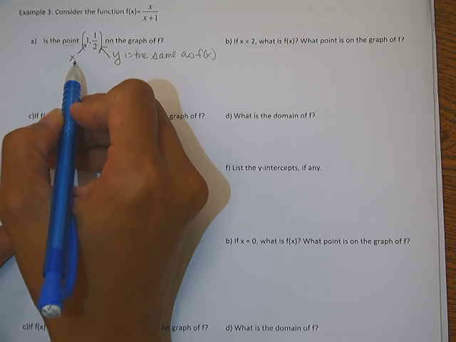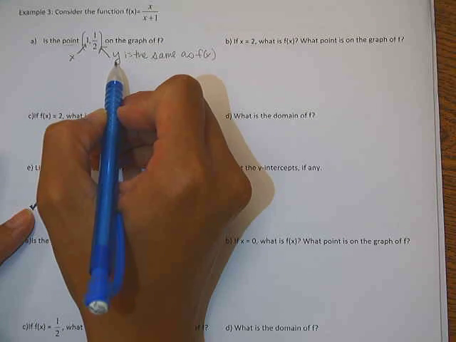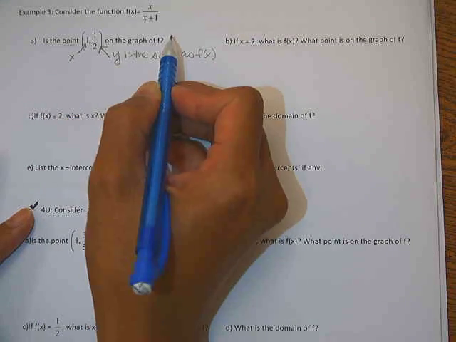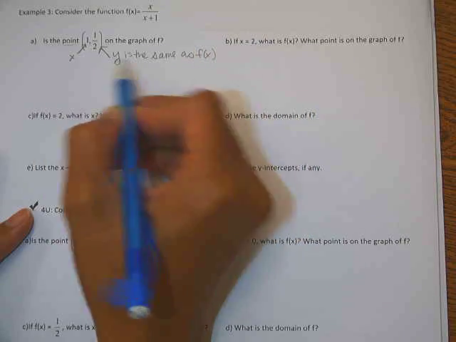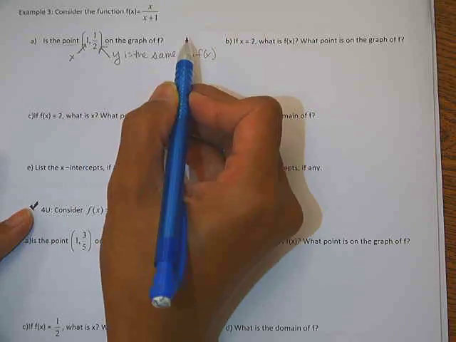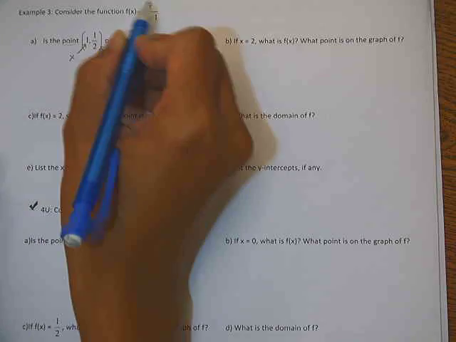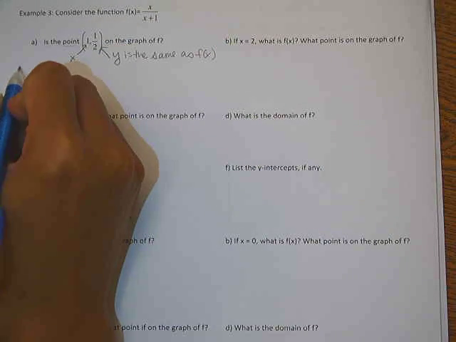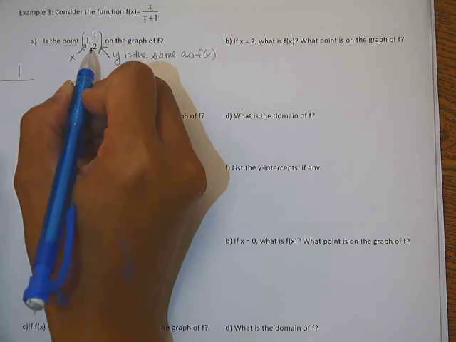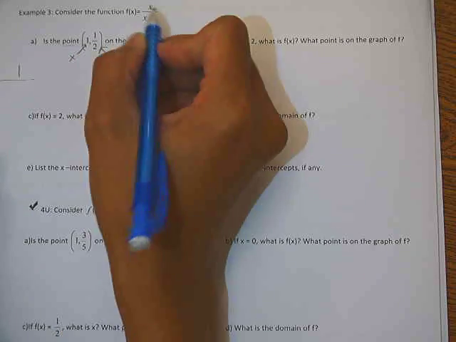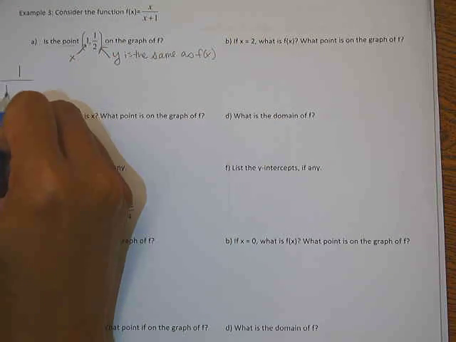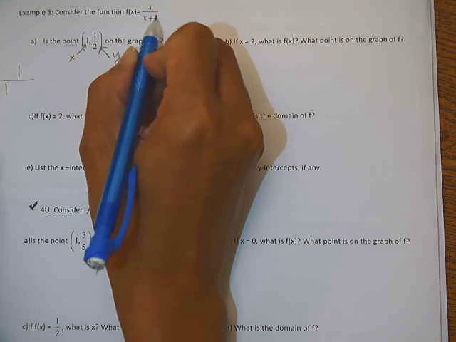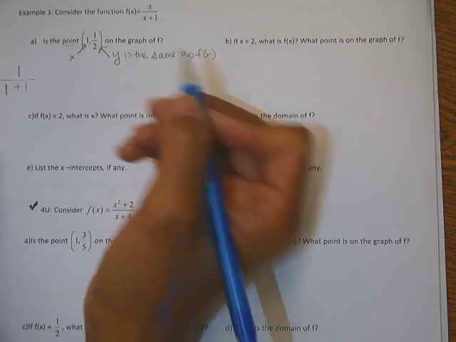If I know what x is and I know what y is, I can just plug it in to see if they are equal. If they are equal, then the point is on the graph. So here we go. X, see that right there? That is 1 divided by x. Plug 1 in there. This is a normal one that doesn't have an x, so just bring it over.